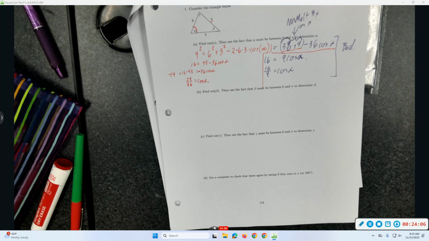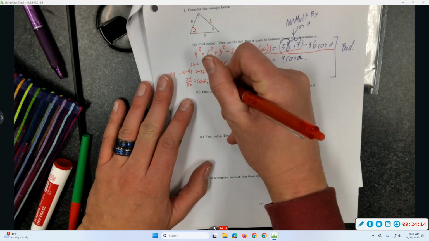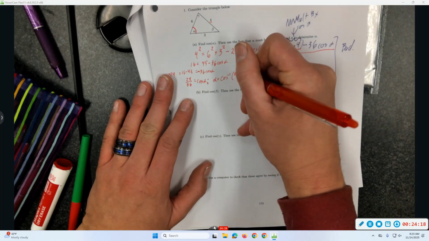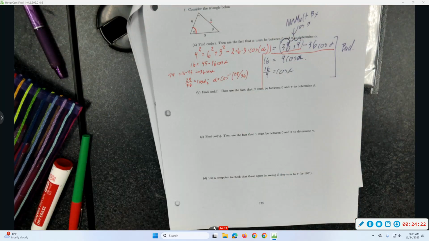Let's take the inverse cosine, and then we'll also reflect on whether there are more solutions than that. So I'm getting alpha to be cosine inverse of 29 over 36. Maybe we should also decide, do we want this to be in radians or degrees? Radians? Degrees.